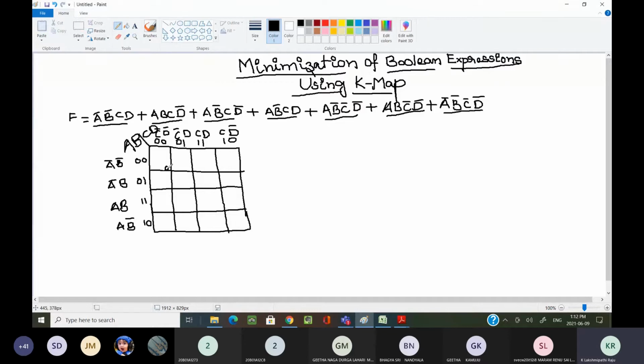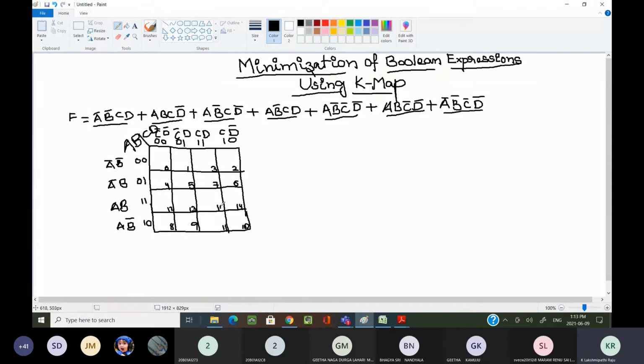This is my min term 0, min term 1, min term 2, min term 3, min term 4, min term 5, min term 6, min term 7, min term 8, min term 9, min term 10, min term 11, min term 12, min term 13, min term 14, and min term 15.